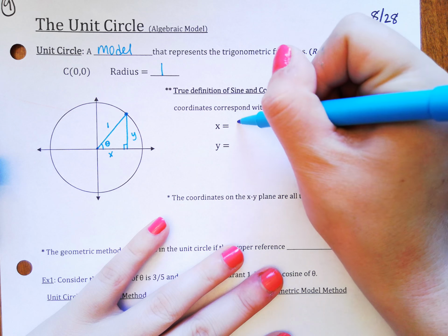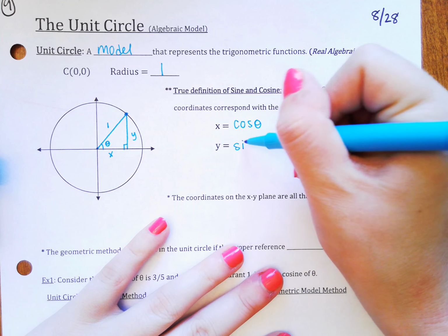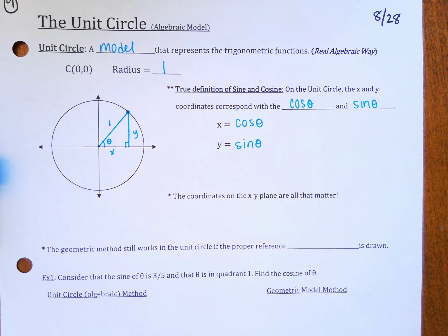Our x value really is the cosine of theta, and the y is the sine of theta. We've been grouping them together for a while, saying that our cosine depends on our x value and our y depends on our sine value, and it changes the sign of those things, and that's why our radius was always 1. It's because on the unit circle it's a set distance.